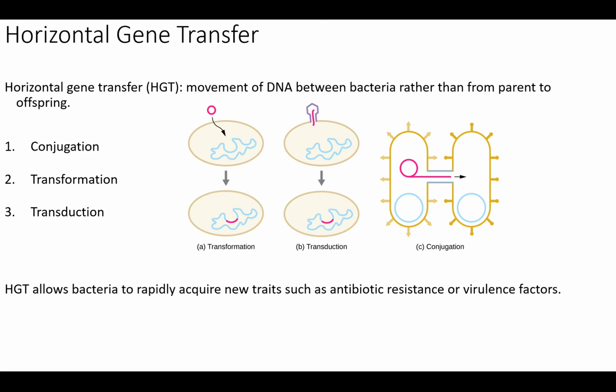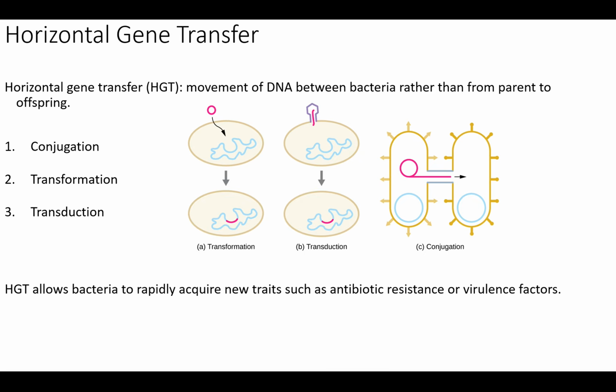This process is known as horizontal gene transfer, and it allows a bacterium to gain genes that it did not inherit from its parent. If the transferred DNA is maintained and expressed, it may give the recipient a new characteristic, such as the ability to use a different nutrient, produce a toxin, or even resist an antibiotic.